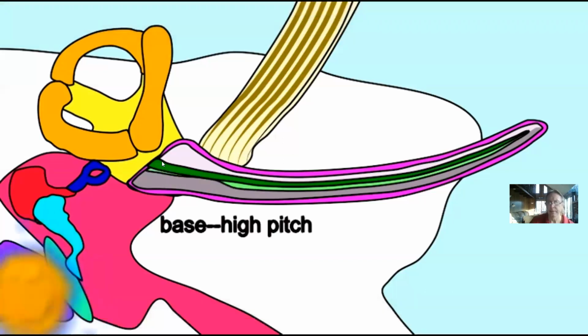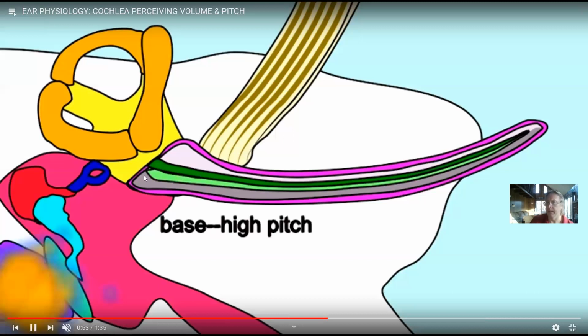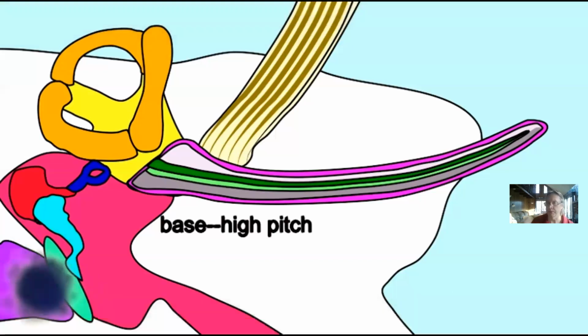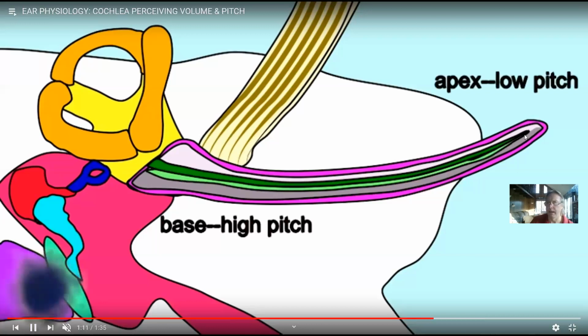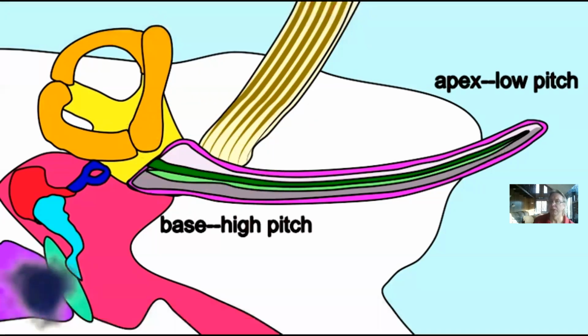So if my brain is perceiving that hair cells are being displaced here, my brain knows I must have just heard a high-pitched sound, because only high-pitched sounds have enough energy to displace the hair cells here. If the only place where hair cells are being displaced is not at the base, but rather at the apex of the cochlea, then my brain would realize I must have just heard a low pitch sound.